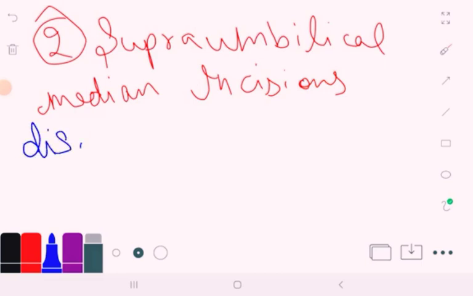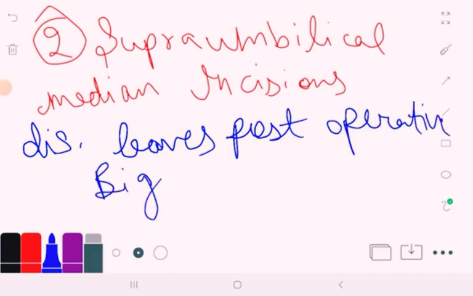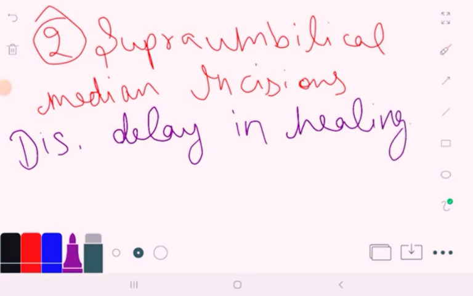Now the disadvantage: it leaves a big scar after the operation. There is also delay in healing of the wound.